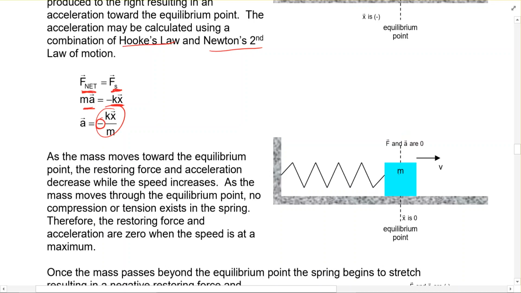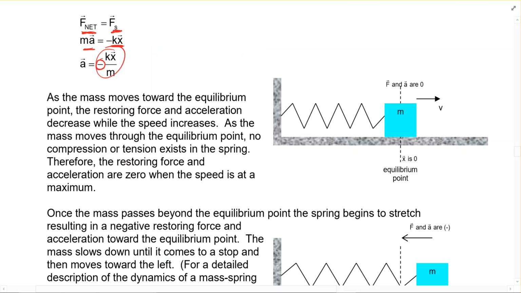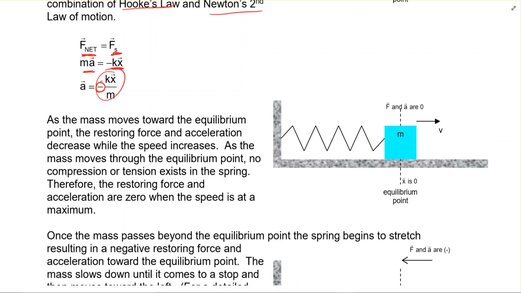Once it gets past that point, the force and the acceleration are going to start to point the other way. That's important for you to remember because it comes up quite a lot with theory questions for this unit. However you need to, remember that force and acceleration are both zero at the equilibrium point, and speed is the most.